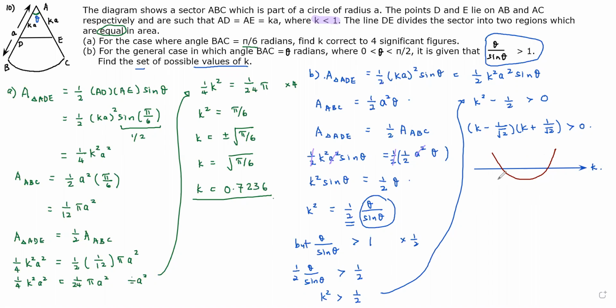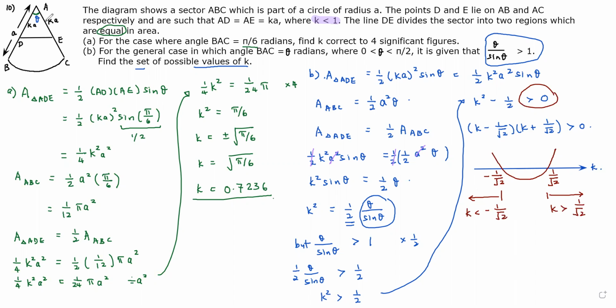And then when you set all these to 0, this is negative 1 over root 2. That is 1 over root 2. For this to be greater than 0, we are looking at these two intervals. So either k is less than negative 1 over root 2, or k is greater than 1 over root 2.